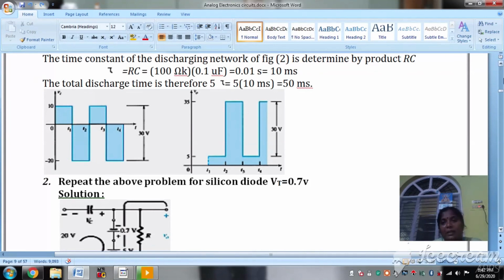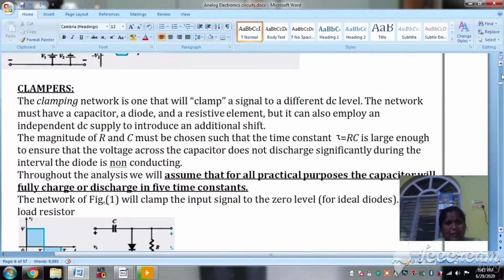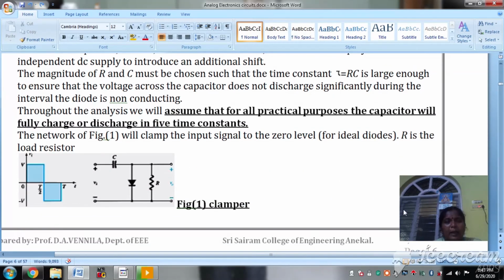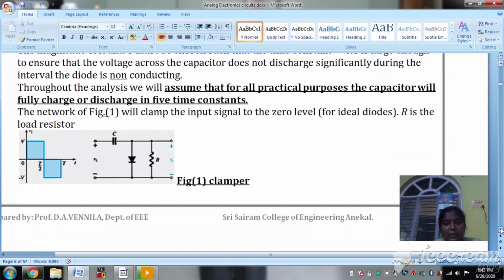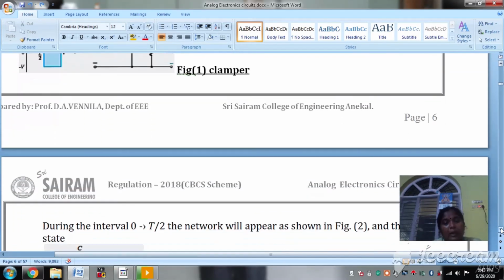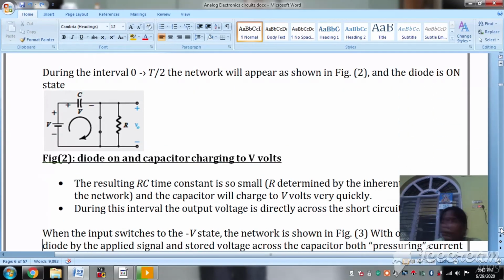In the previous circuit, see the diode. If the diode negative is grounded, then it is a negative clamper circuit. Students, listen here. If the diode is connected to ground, then it is a negative clamper circuit.